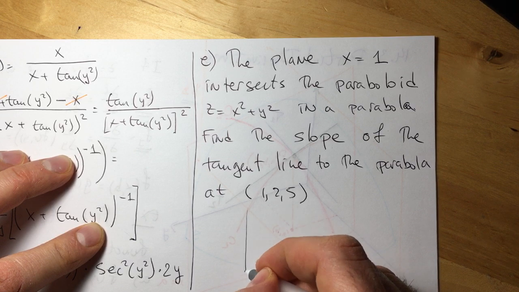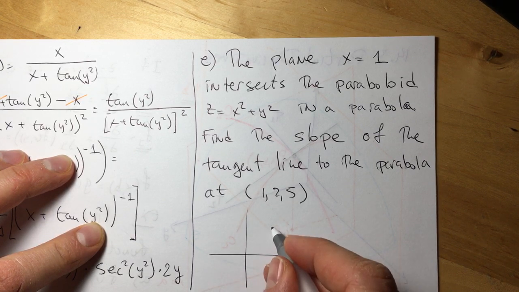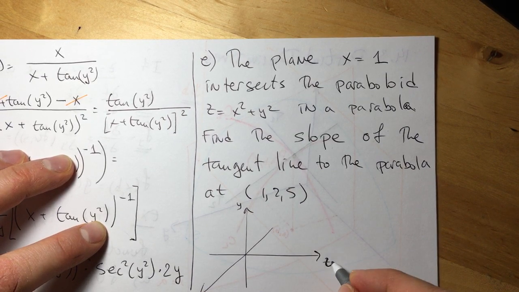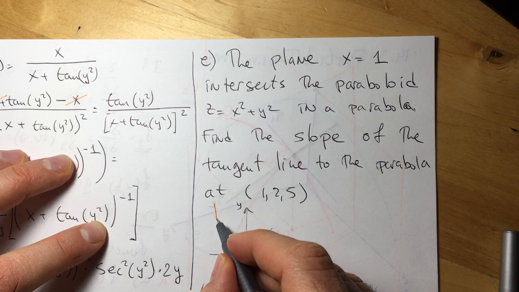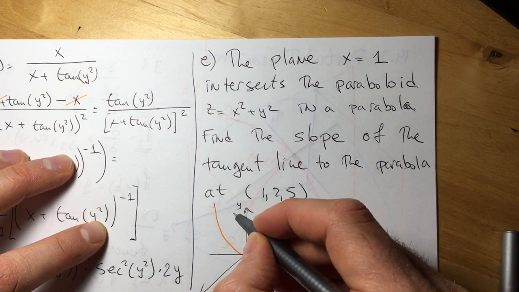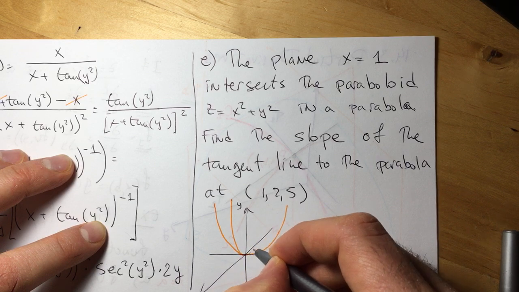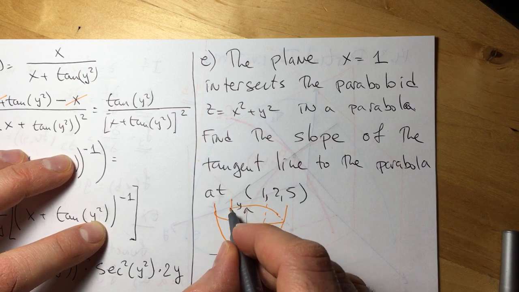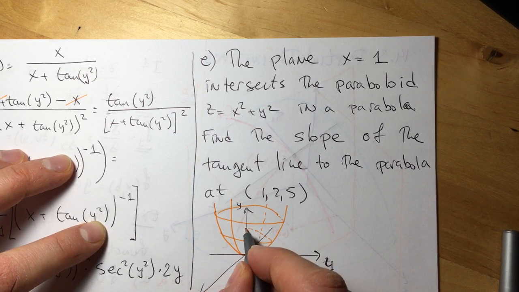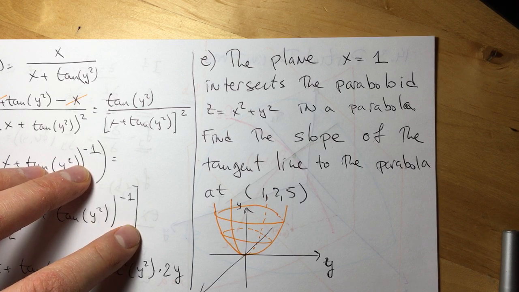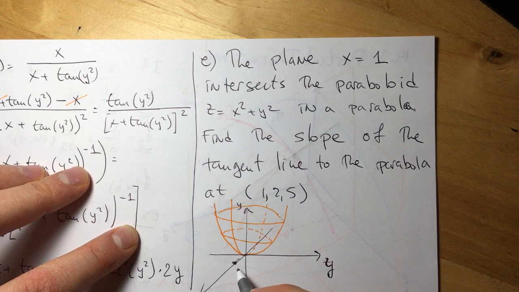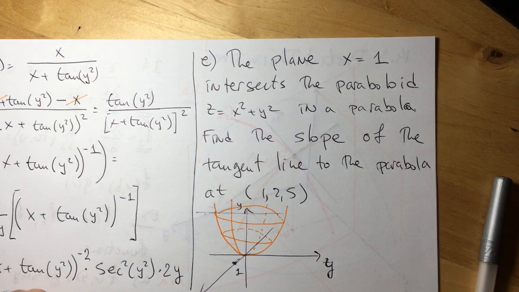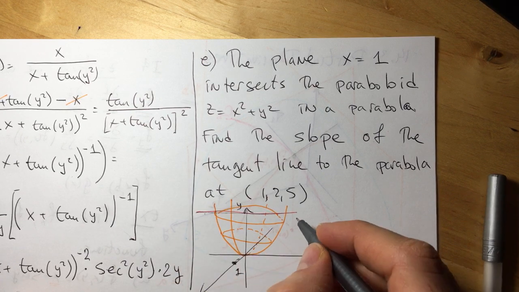Okay, so we learned about these paraboloids. And then I have at the point here, 1, there is a plane x is equal to 1.